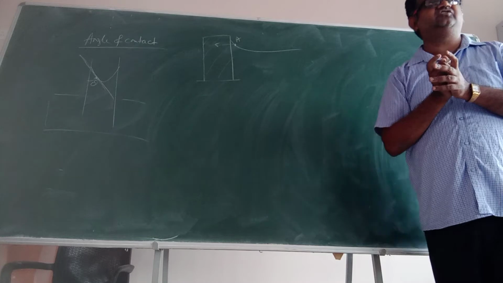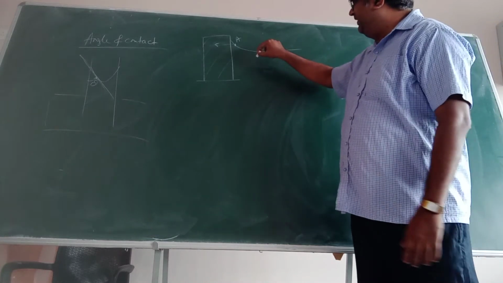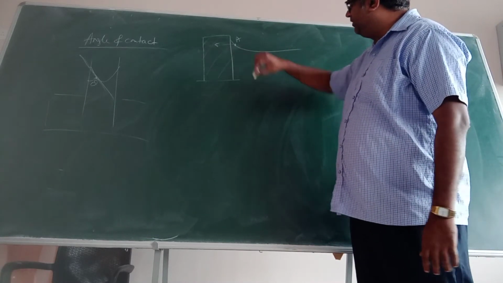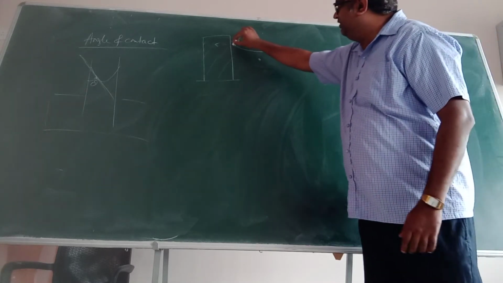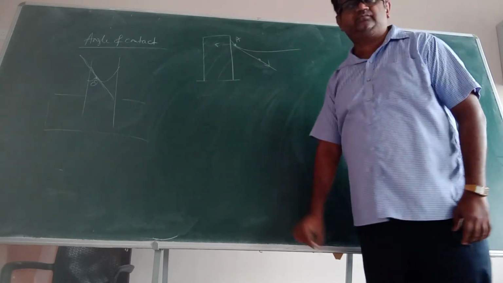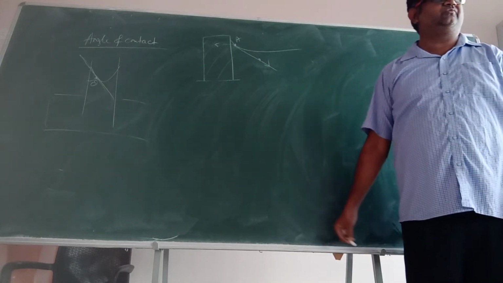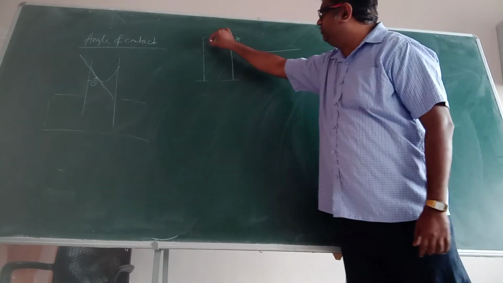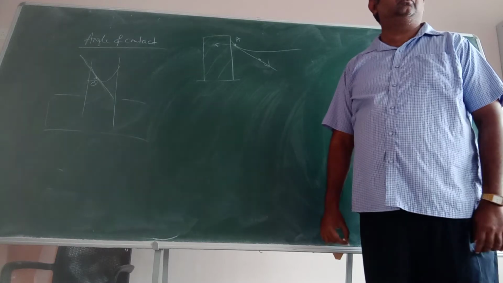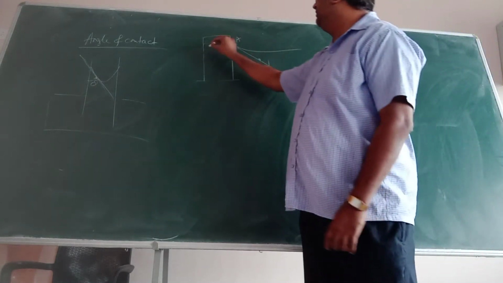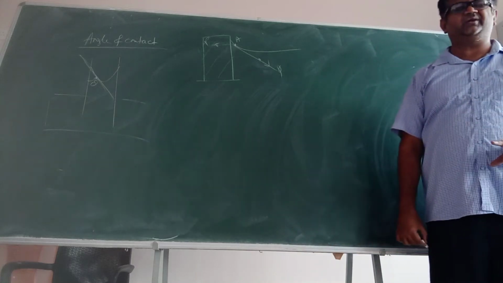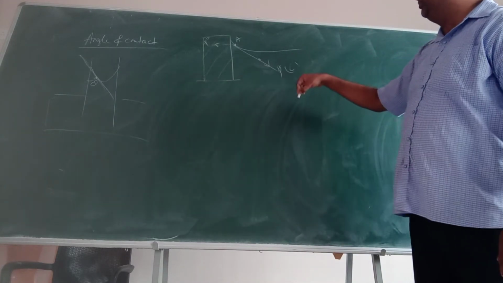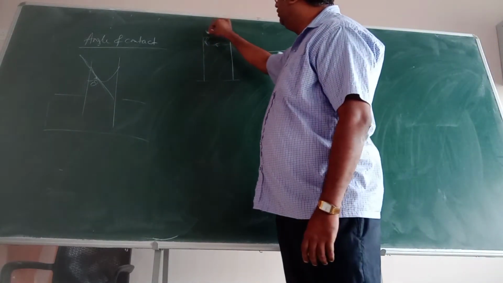It is an adhesive force. Suppose I take a molecule here, which is inside the liquid, there will be a cohesive force here. Would you agree? So you get a force like this, you get a force like this. So there must be a resultant. I will say this is some AP, this is some AQ. There are two forces. This is basically the cohesive force. This is basically the adhesive force.